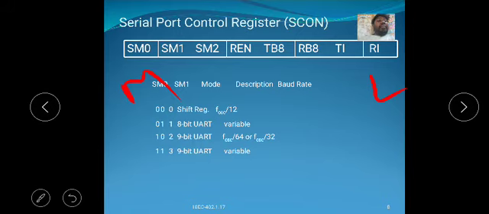The baud rate is variable. 10, mode 2, 9-bit universal asynchronous receiver and transmitter. The baud rate is 1/64th of the oscillator frequency or 1/32 of the oscillator frequency. 11, mode 3, 9-bit universal asynchronous receiver and transmitter. The baud rate is variable.